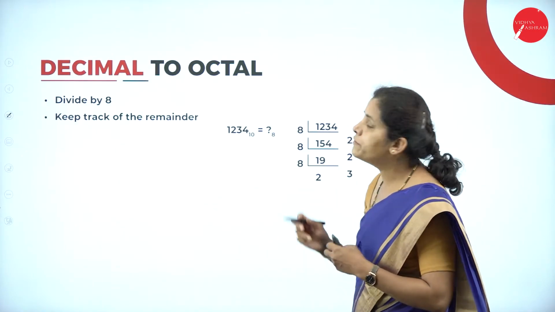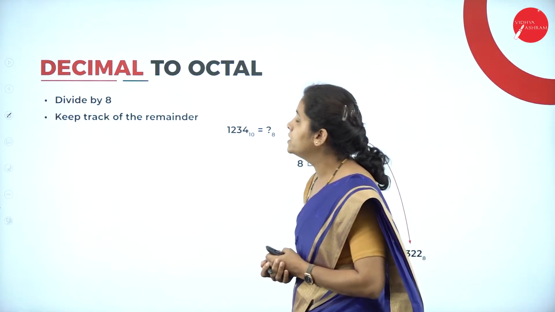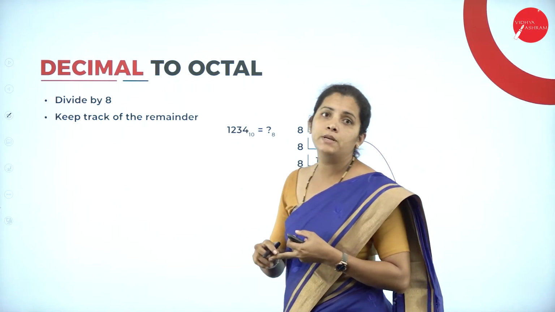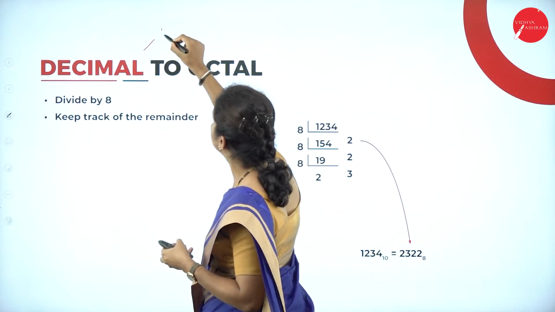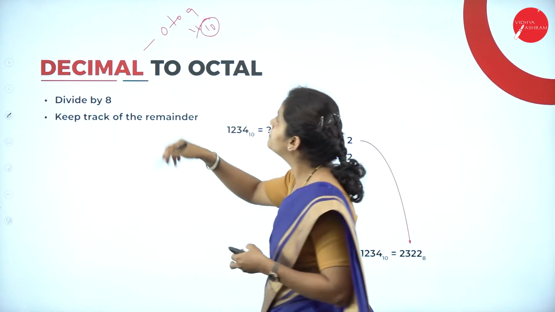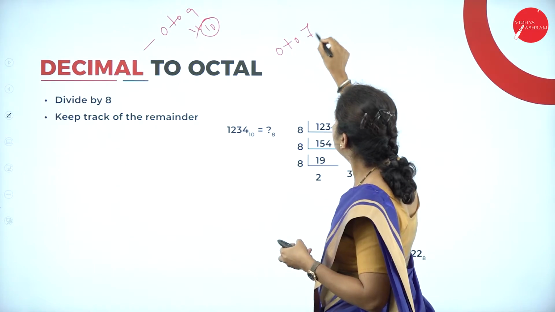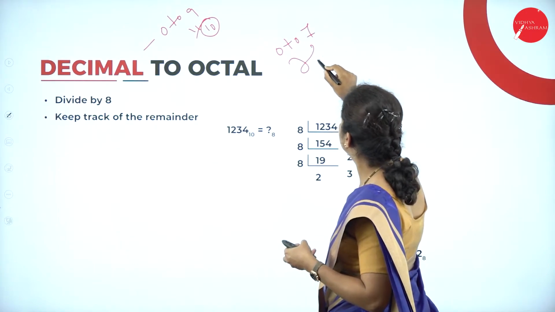Moving further, we are going to get decimal to octal. Decimal numbers range from 0 to 9, total 10 numbers. Then octal is 0 to 7, total it is 8.